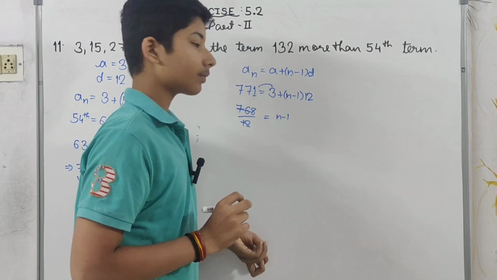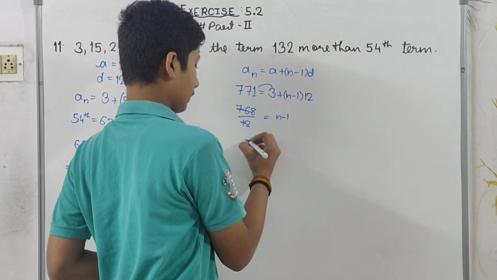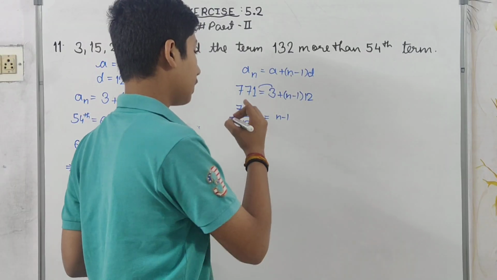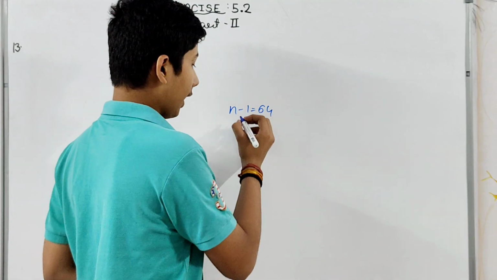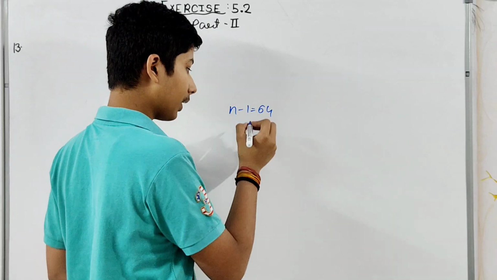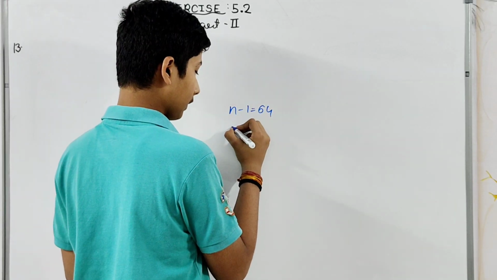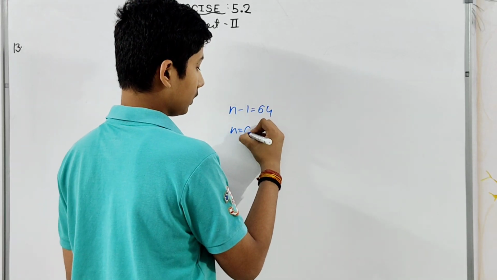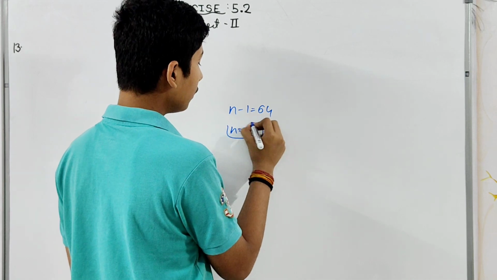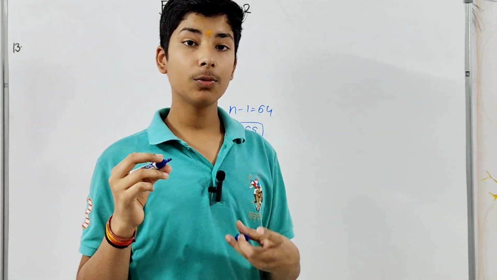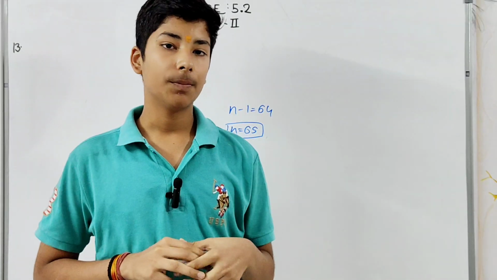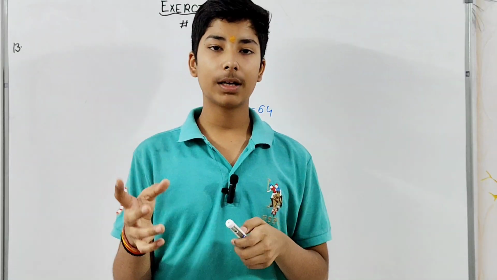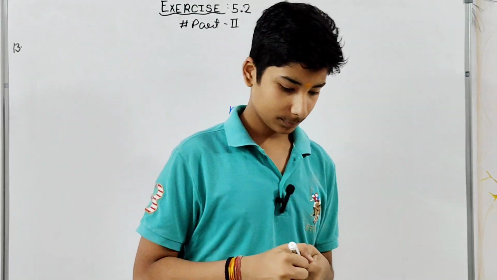So 12 times 64 is 768. Now n minus 1 equals 64, so n will be 65. So the term which is 132 more than the 54th term is the 65th term. I hope this is clear. Now we'll continue with the next question.